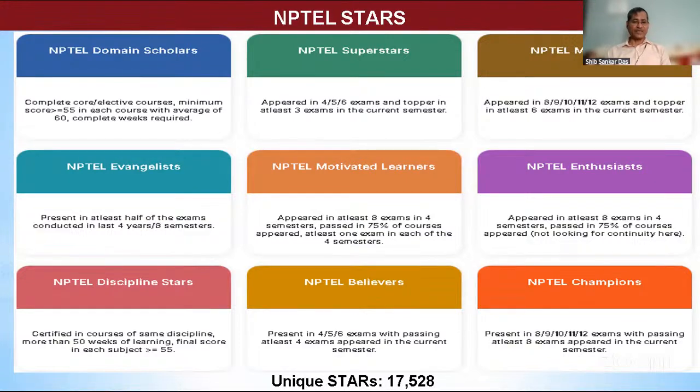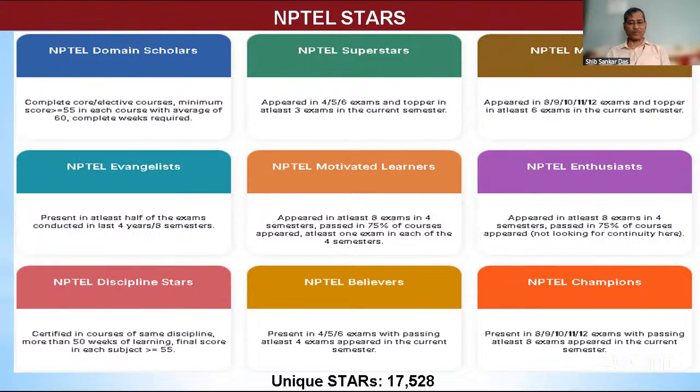Other people are evangelists if they have been present in at least half of the examinations conducted in the last 4 years or 8 semesters, then they are called evangelists. Motivated learners appeared in at least 8 exams in 4 semesters or passed at least 6 exams without taking a break. But if they have completed the same 6 exams within a period of 4 semesters, but taking a break in between, in that case, they are called enthusiasts.